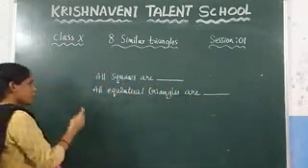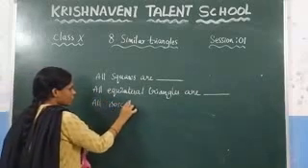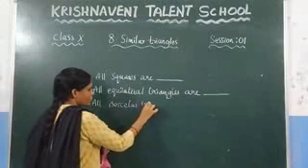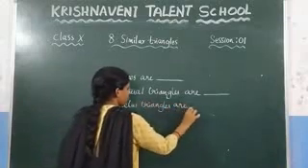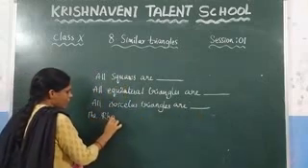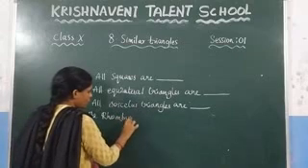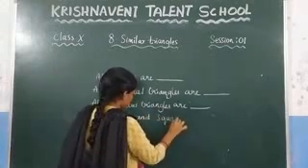Or otherwise, they can ask whether all isosceles triangles are similar or not. And the last one, which is whether the rhombus and the square are similar or not. These are very important. You can see any of these bits in your exams.